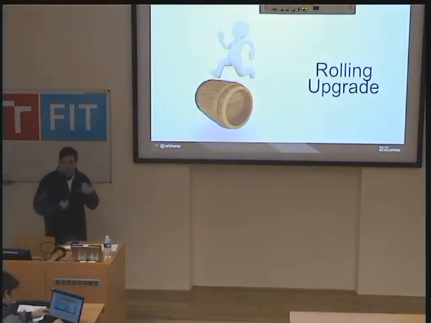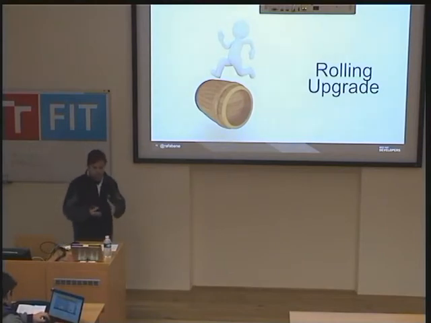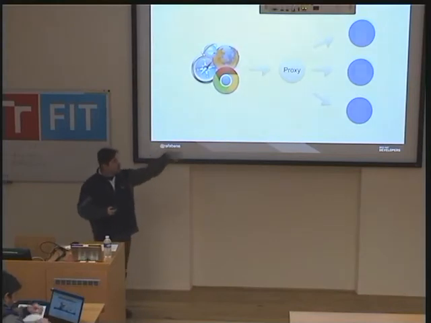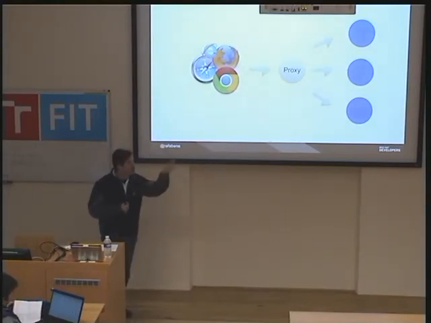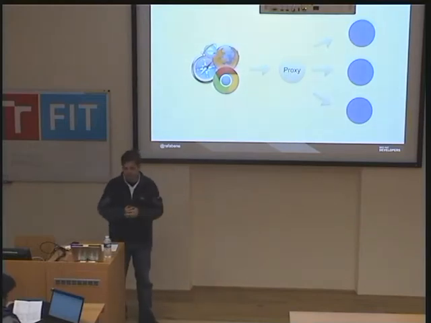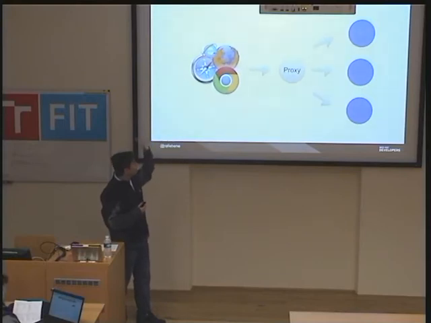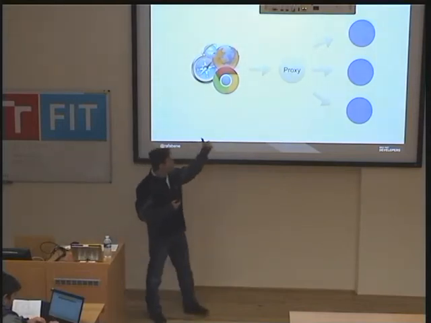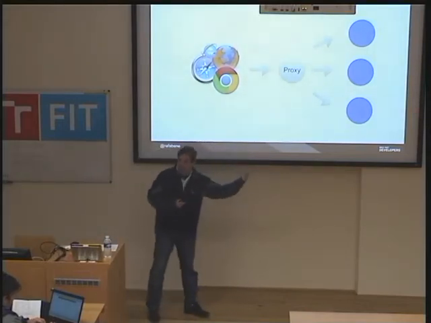It's called rolling because we suppose that we have 3 replicas of version number 1 in production. Let's call this version the blue version. And we have several clients, several customers, accessing those versions. Of course, to be able to balance the requests, we have a proxy in the middle.